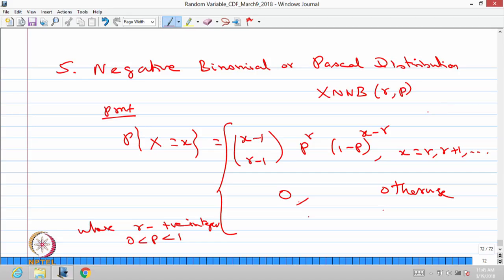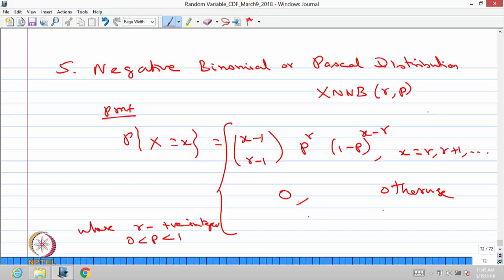So, whenever you have independent Bernoulli trials, obtaining the rth success for the first time follows a negative binomial distribution with the probability of success small p and the probability of failure 1 minus p.